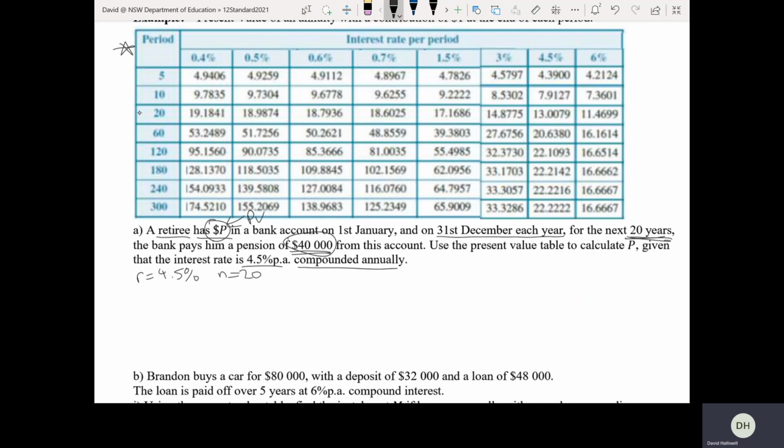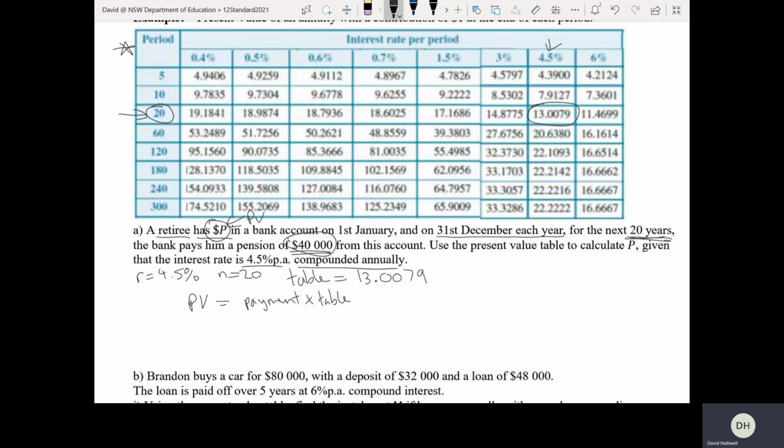So we're looking at the table. We find our table, so period of 20 and R of 4.5. We go across to 4.5 R. There we go. The table value that I like to write down: you write table equals 13.0079. To work out P, the present value, it's going to be the payment times the table factor.